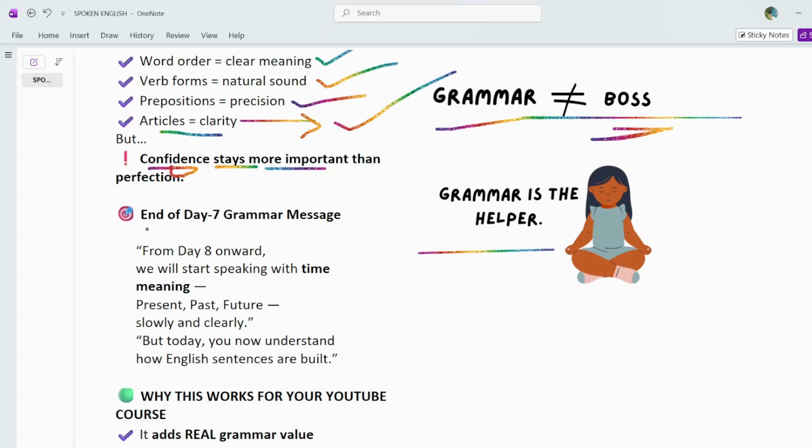From day 8 onwards, we will start adding time, that is, we are going to focus on present, past, and future tenses, and slowly and clearly understand how to play with these grammatical rules. Please do not worry, do not rush, just keep learning one day at a time. Tune into our 50-day course.